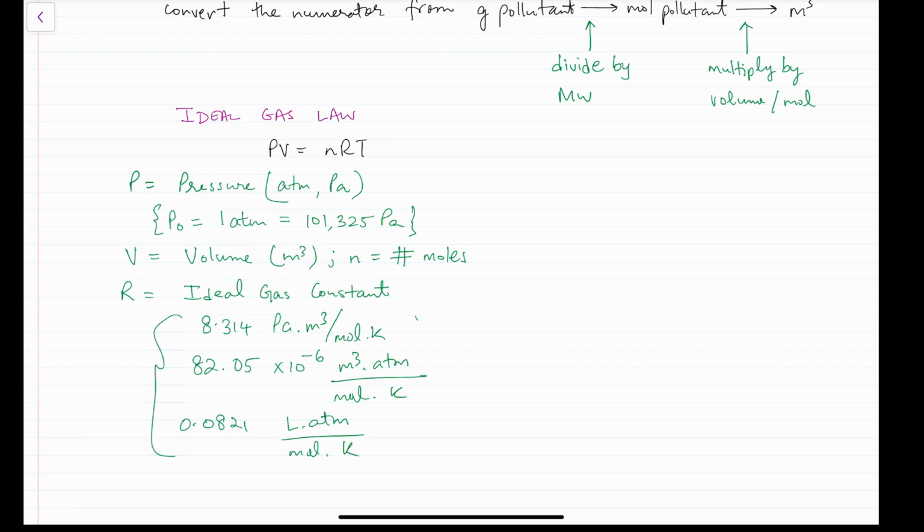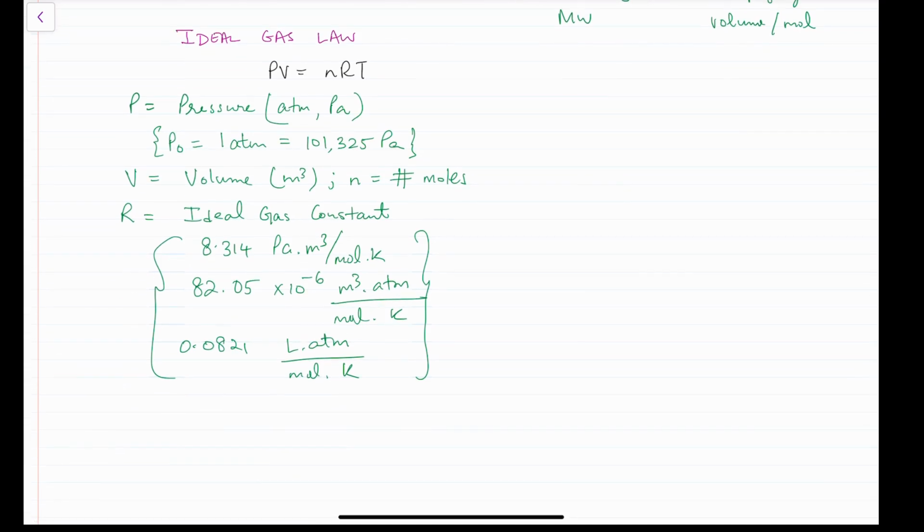So these are different values of R that are used, and then T, temperature, by now you have figured out it's in absolute values. So absolute temperature is measured in Kelvin, and temperature in Kelvin is just 273 added to temperature in Celsius.